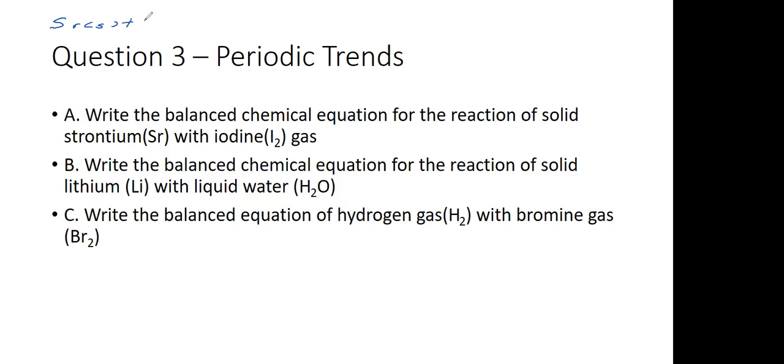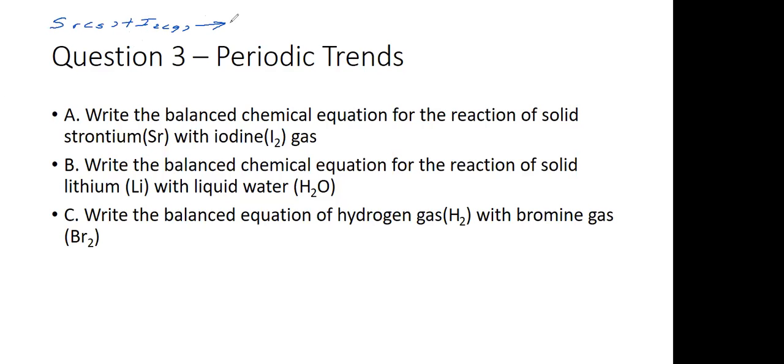Strontium plus I2 gas. So strontium is a group 2 metal. So a group 2 metal wants to become a +2 ion based on everything that we talked about. Iodine is a halogen. So iodine wants to become a -1 ion.